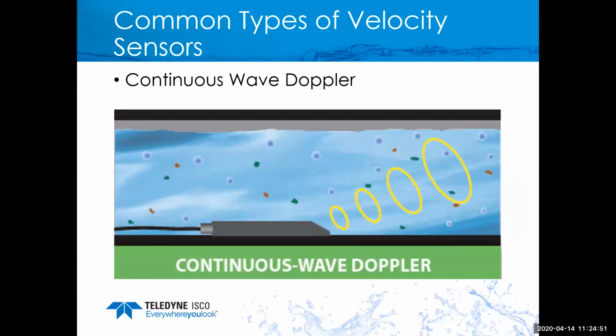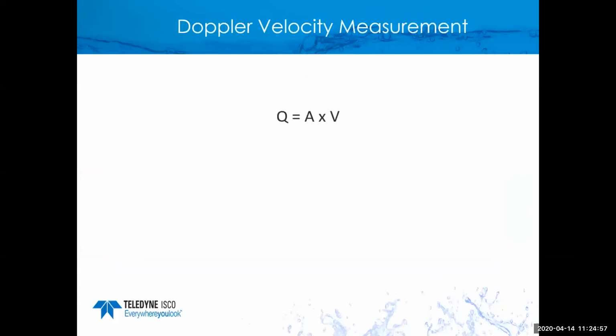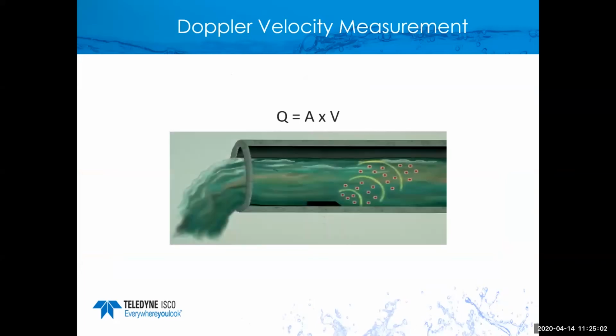Another common type of velocity sensor is the continuous wave Doppler sensor. It uses the area velocity equation to come up with our flow rates. It has a pressure transducer to read the water depth, which will give us the wetted cross-sectional area.